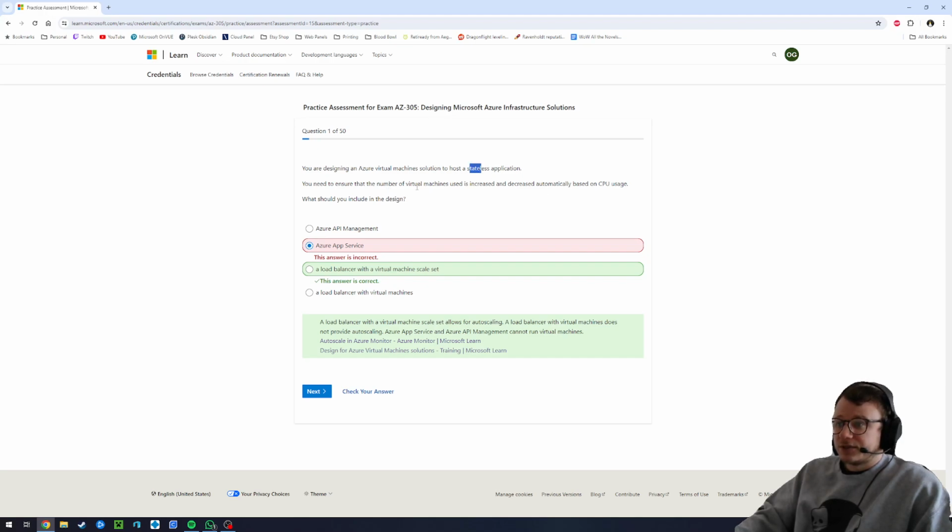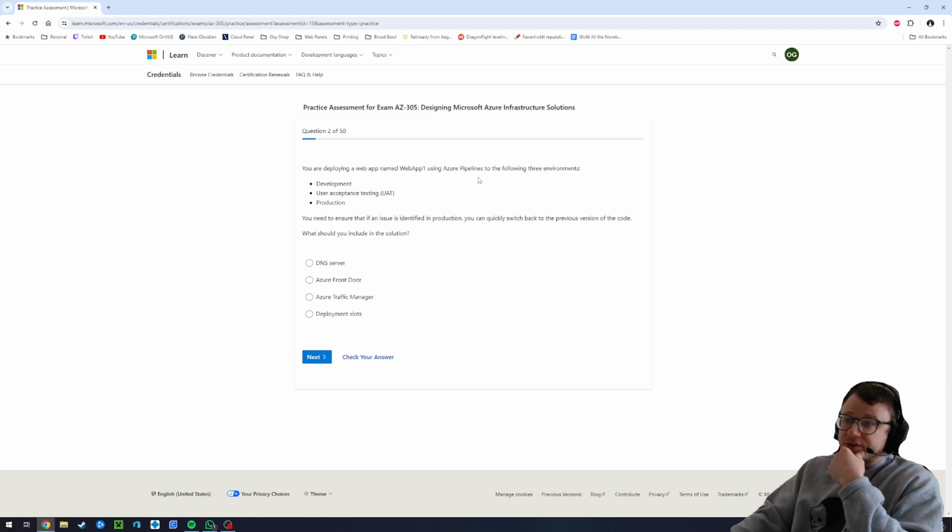Stateless, increase and decrease automatically based on CPU usage. It's not based on number of users connecting to an app or anything, it's based on the CPU usage. So it's scale set. So with these questions, it's helpful to look at them and say, look, we've got 3 separate environments.